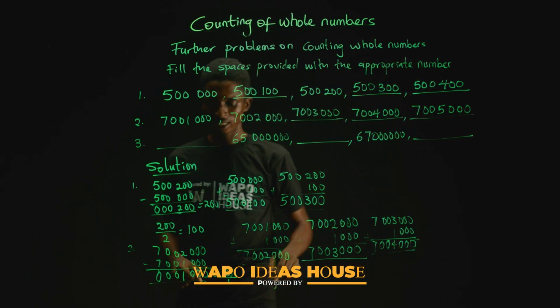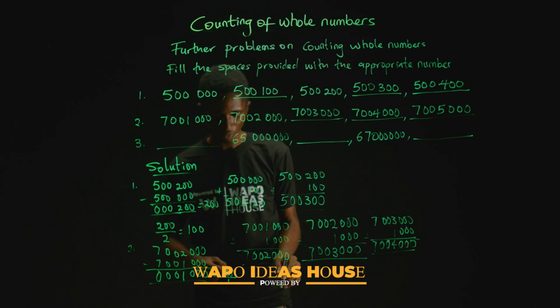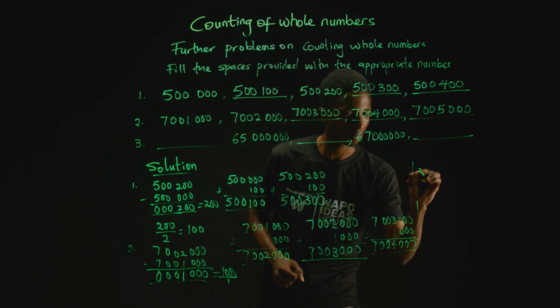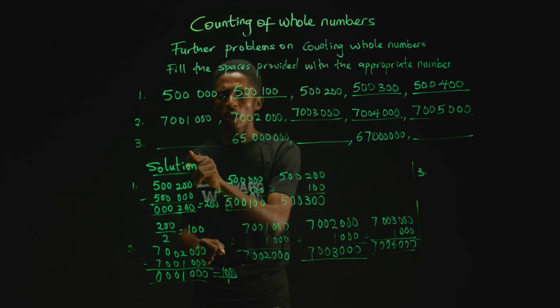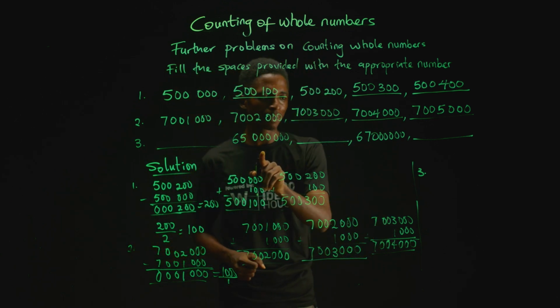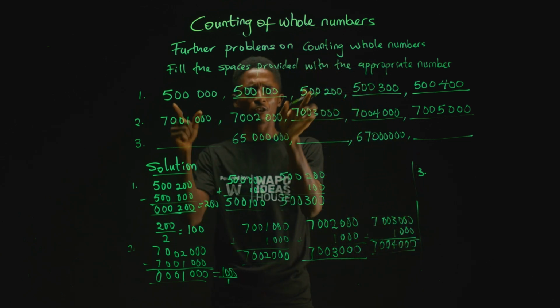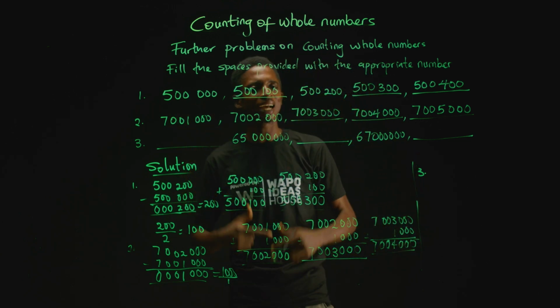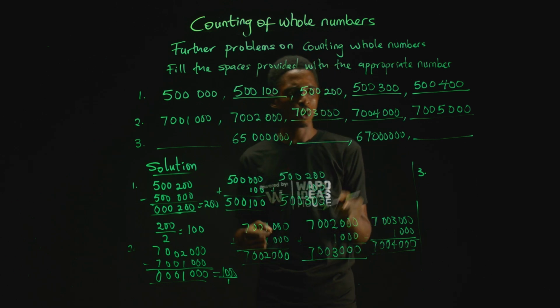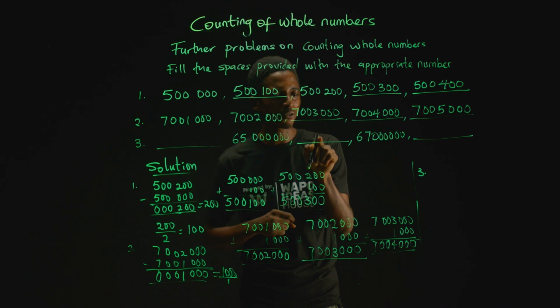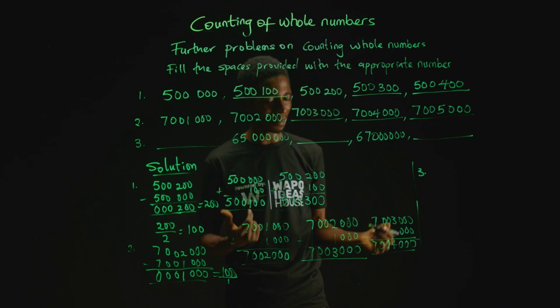And finally, the third question. Number 3. We have a blank, a number, a blank, then another number. It's quite different from the first, but we still apply the same principle, working with the numbers that are closest to each other. And you will find they are 2 steps apart.